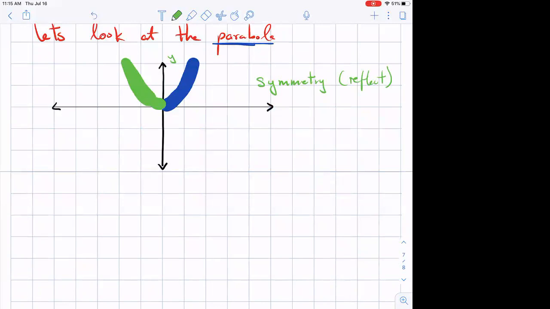For this course, we only look at 3 types of symmetry: x-axis symmetry, y-axis symmetry, and what we call origin symmetry.